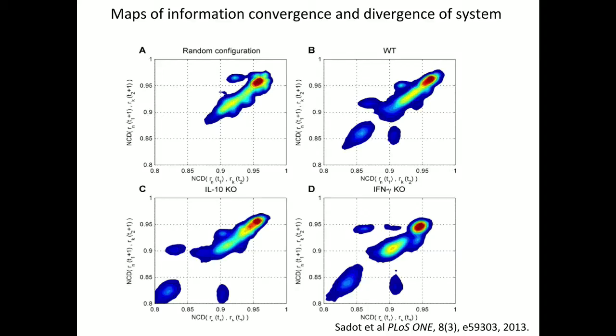So just like before, the x-axis is the distance between two states at time t. The y-axis is the distance between two states at time t plus 1. And the different graphs show what happens when you knock out different genes. Like this is a knockout of interferon gamma. This is a knockout of interleukin 10, and so on.